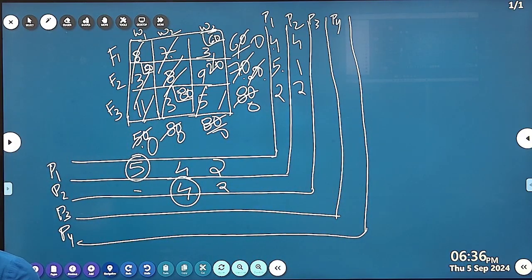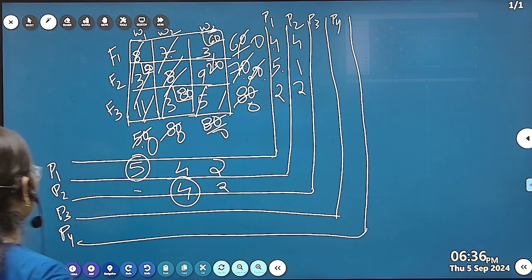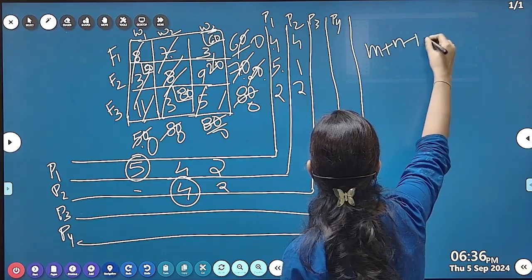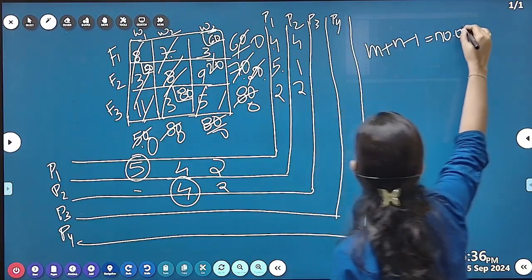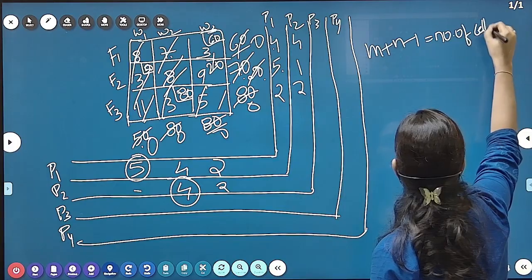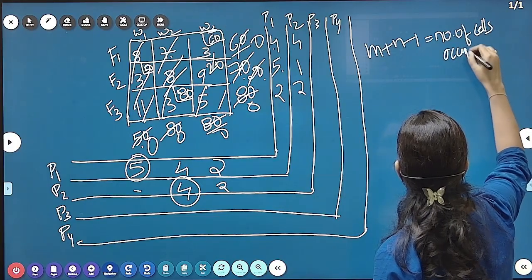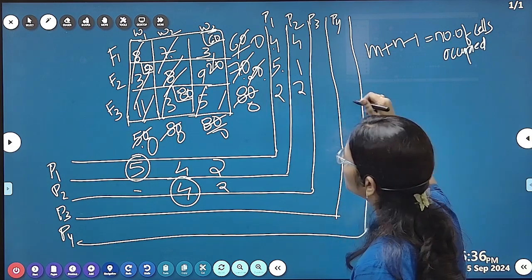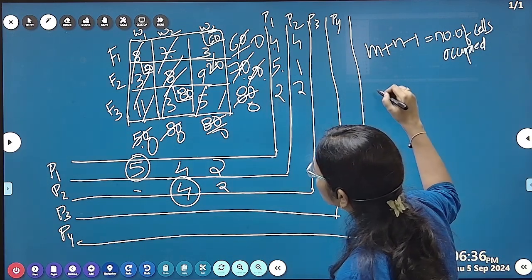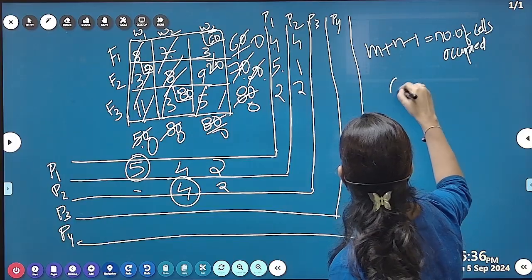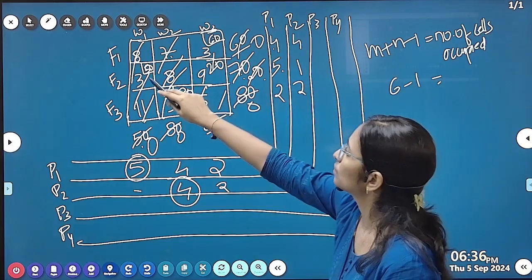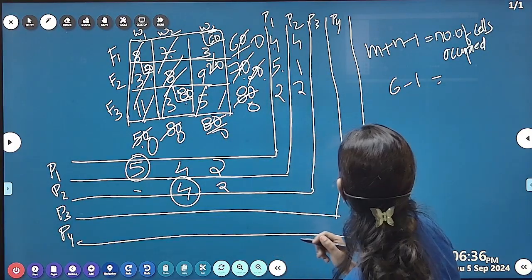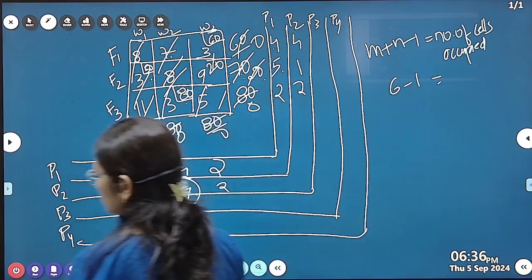Clear, everyone? So tell me m plus n minus 1. M plus n minus 1 is equal to the number of cells occupied. Clear, everyone? Is there any doubt? So 3 plus 3, 6, 6 minus 1 is equal to 5. So 1, 2, 3, 4, so one more is missing.